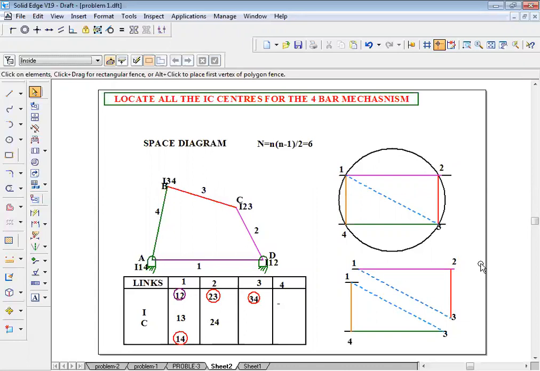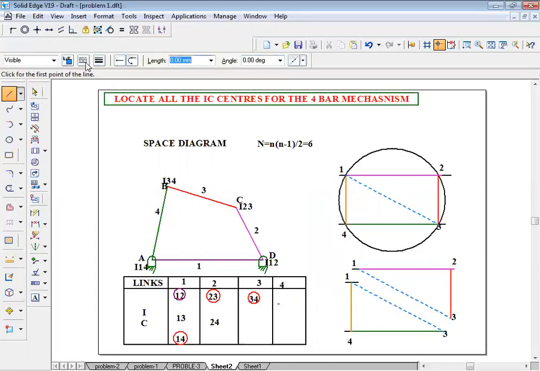Therefore, here I12, I23, and I13 all come under the same straight line. I12 is already here, I23 is already here. So I13 will come on the same straight line.